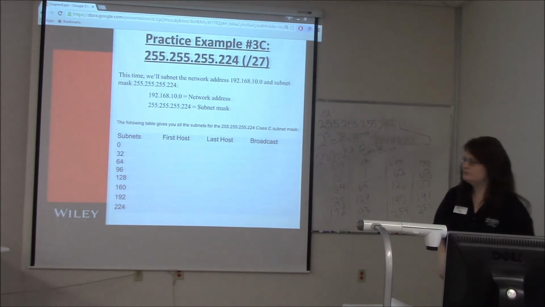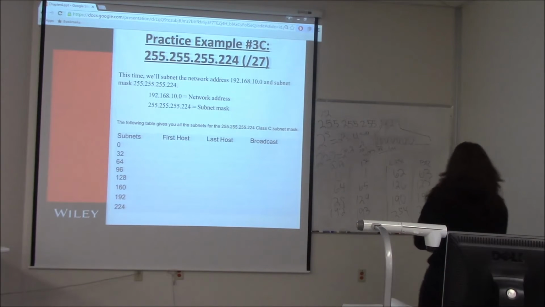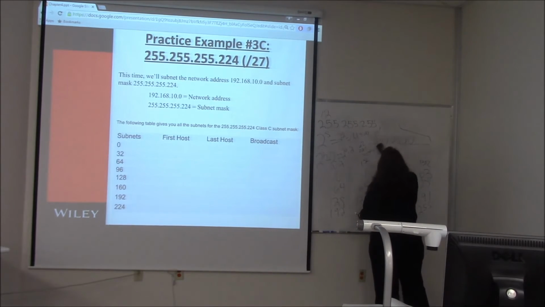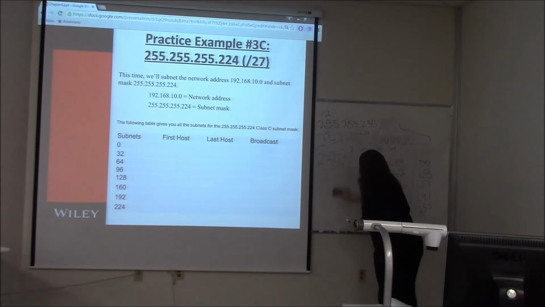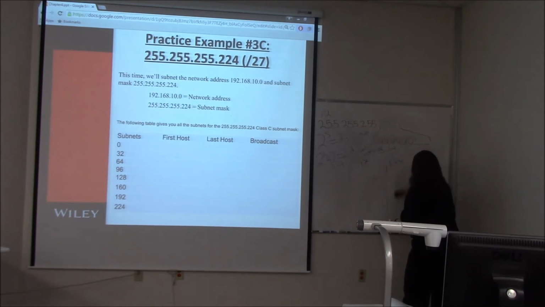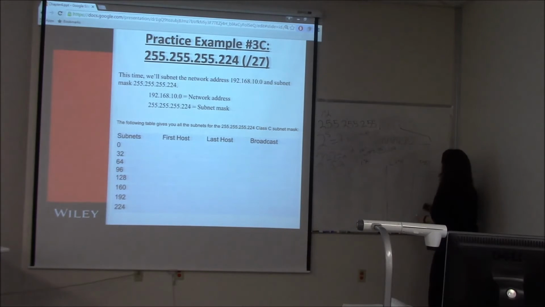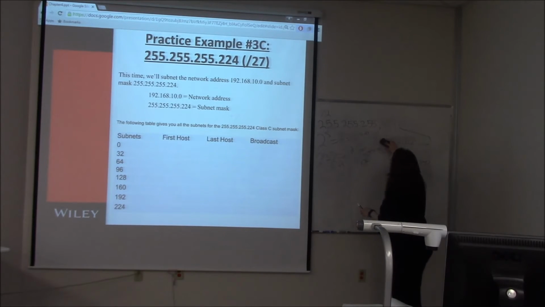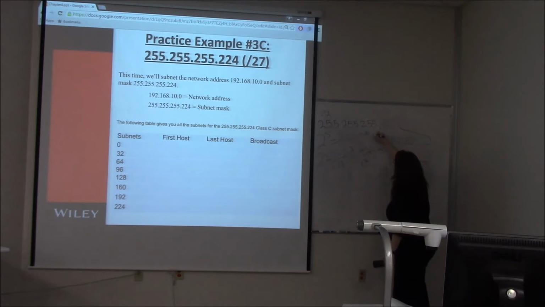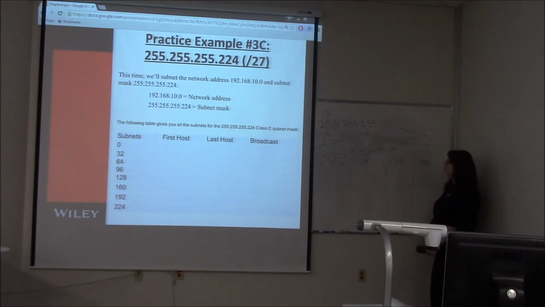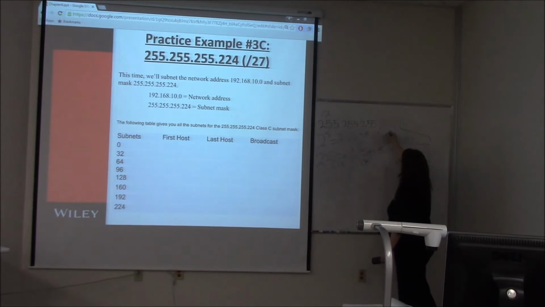All right. So similarly for a /27, if I have a /27, then I have 24 bits turned on here, 3 turned on here, and everything else will be zeros, which means my increment value is going to shift over.